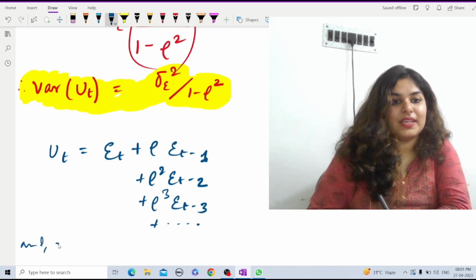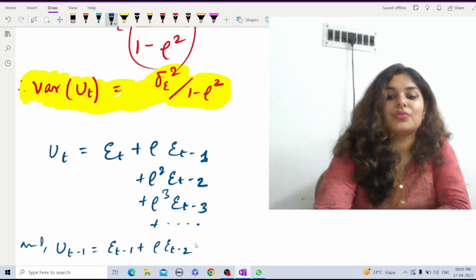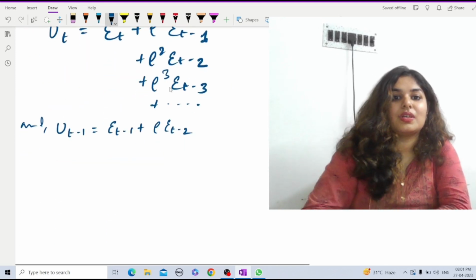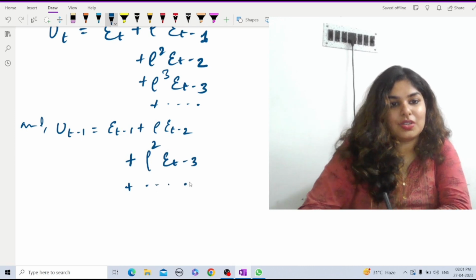Similarly, ut minus 1 is equal to epsilon t minus 1 plus rho epsilon t minus 2 plus rho square epsilon t minus 3 plus dot dot dot.